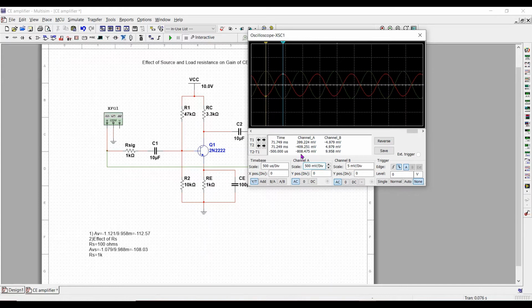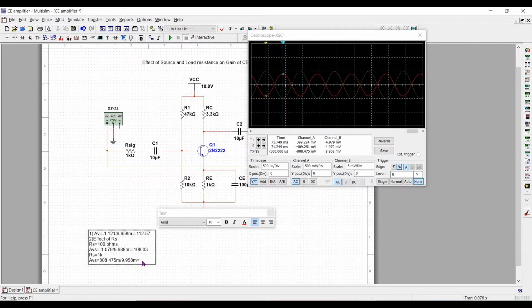Over here, if I want to find the gain, output is 808.475 milli divided by 9.958 milli.